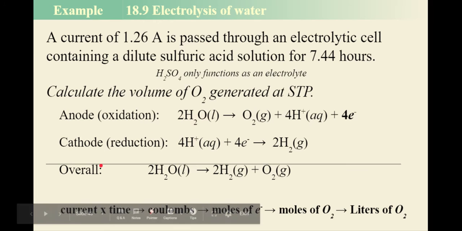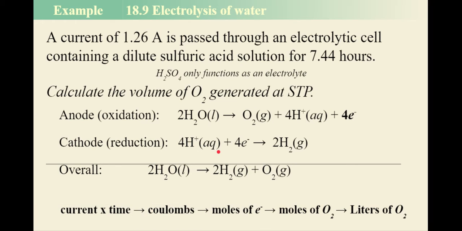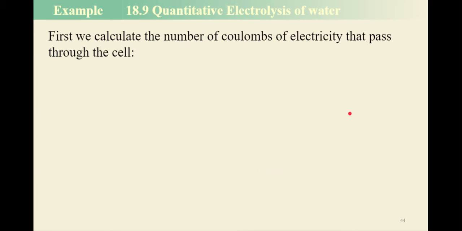So we're going to use the current and time given to figure out how many coulombs it took, to figure out how many moles of electrons, figure out how many moles of oxygen, and then liters of oxygen. And I have the half reaction shown. And the important thing for oxygen is it's taking 4 electrons in this process.